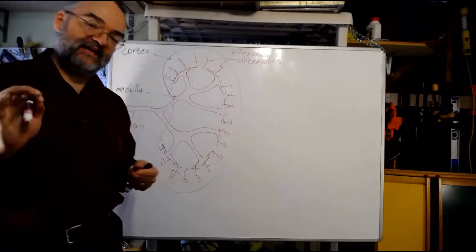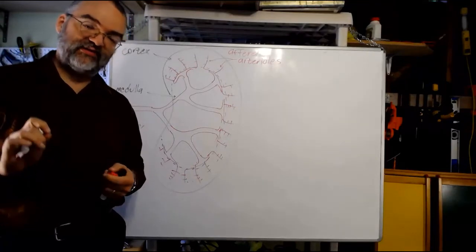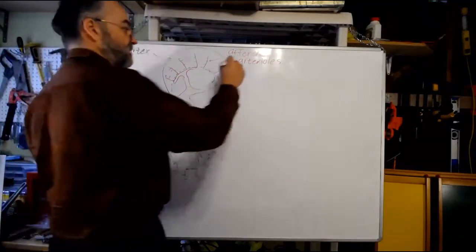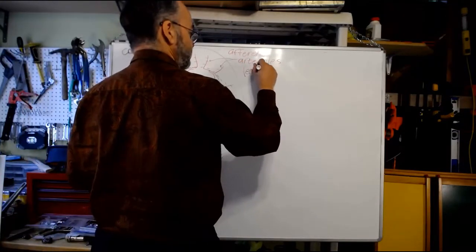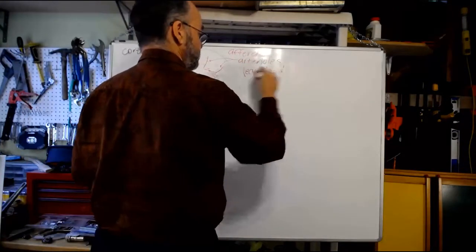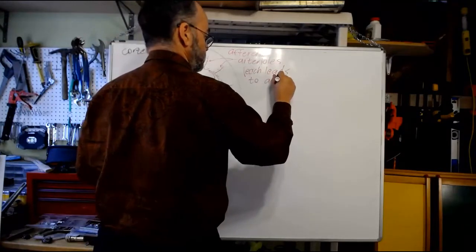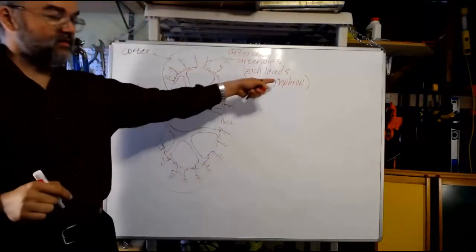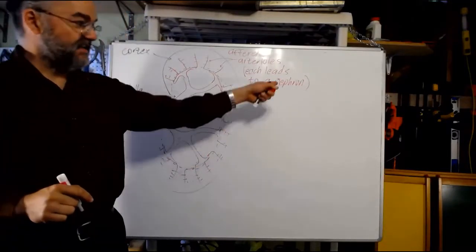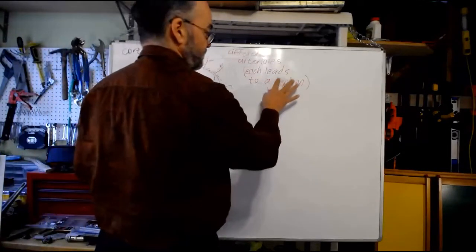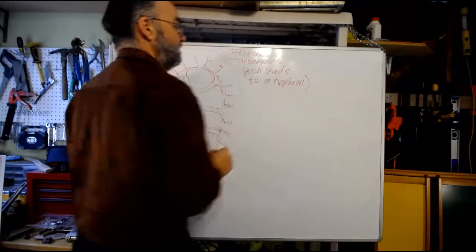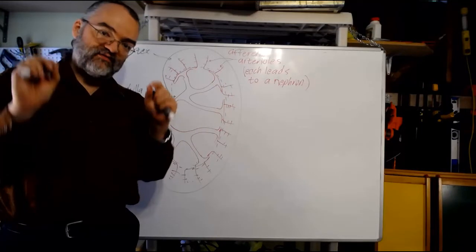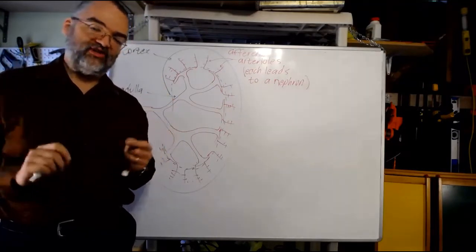Each of these afferent arterioles is going to lead to one particular filtration machine in the kidney, which is known as a nephron. Nephron. That's not good handwriting. The nephron is the name for the individual filtration machine, each filtration unit in the kidney.